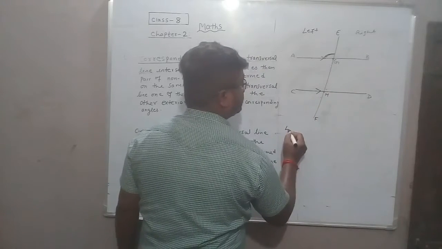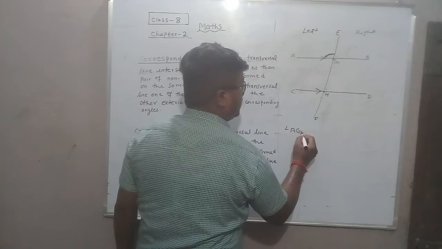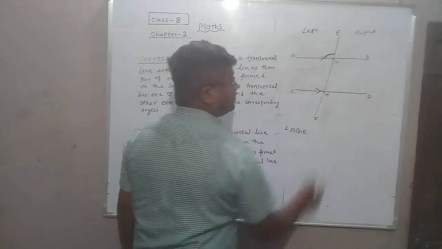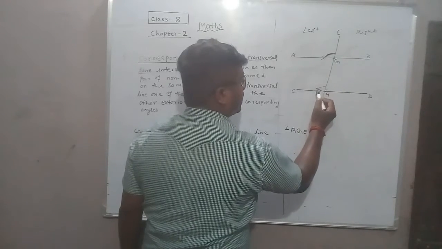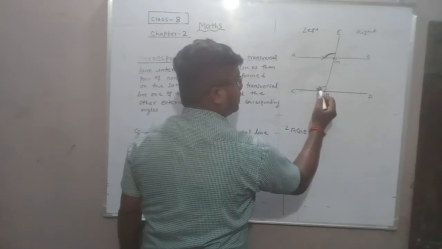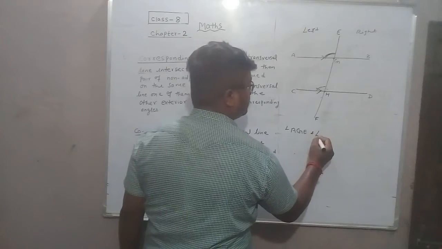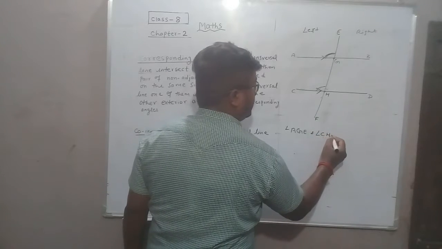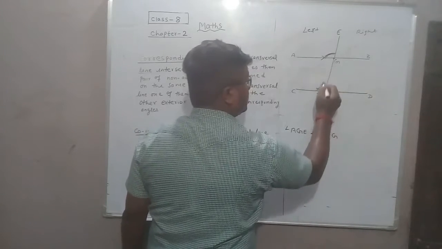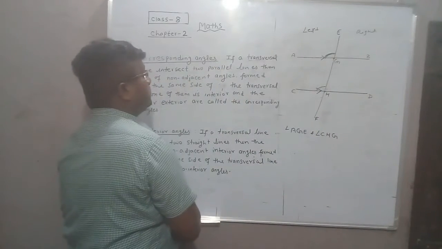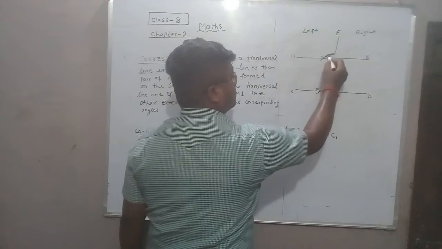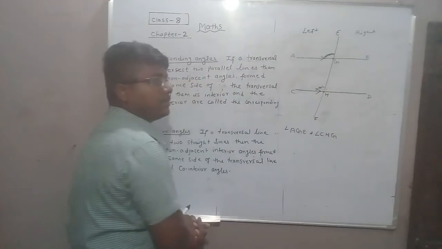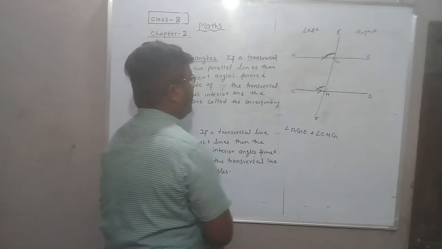So angle AGE, this angle, and it is just above. Now another parallel line, just take the above angle, that is angle CHG. These two angles are called corresponding angles.